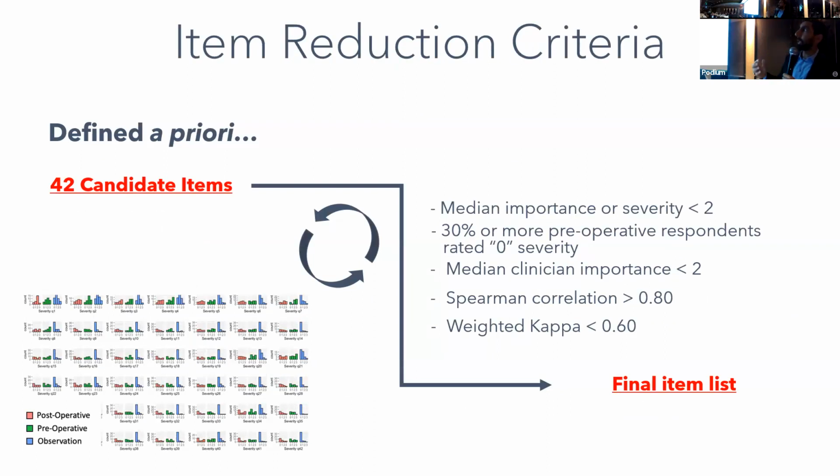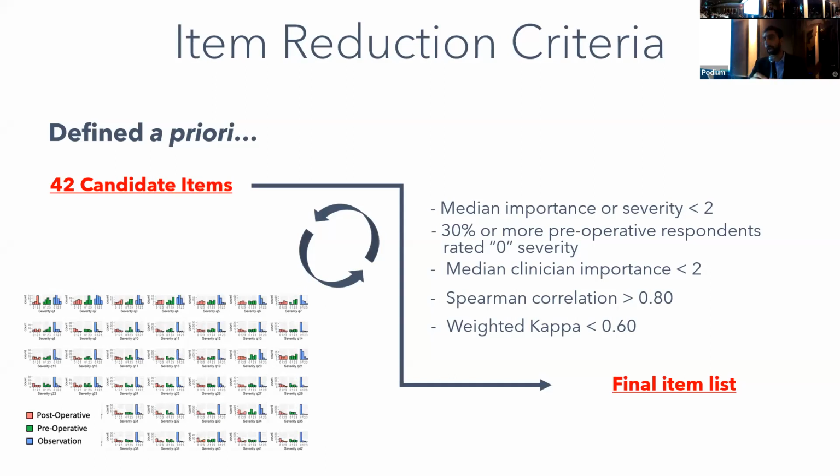So the way that we took the 42 candidate items and narrowed that down into a final list using a data-driven process was to come up with these rules for item reduction. And so these are the rules that we employed. Some of these, like Spearman correlation and kappa assessments, really look at the correlation between items.